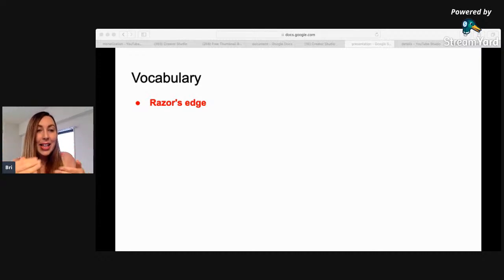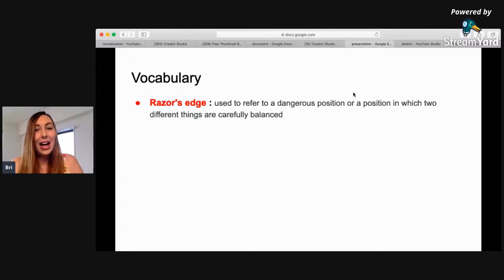If you are on the razor's edge, maybe you're balancing from one side to the other, and the razor is very sharp, so it's a little bit dangerous, right? We use it to refer to a dangerous position or a position in which two different things are carefully balanced.